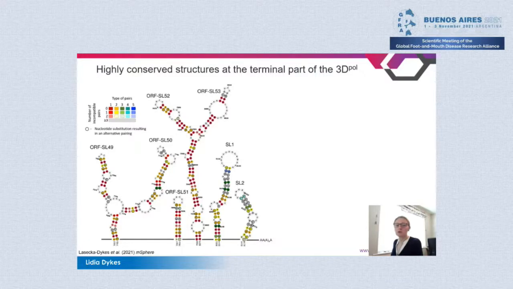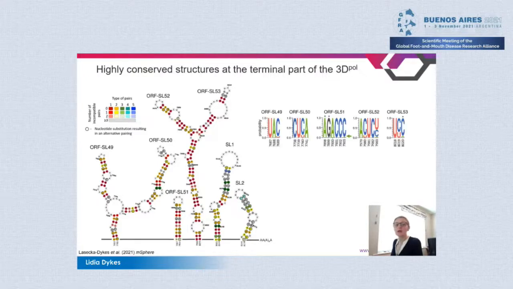Apart from conservation of nucleotide identity, highlighted here in red, these structures also showed evidence of covariance, where nucleotide pairings were preserved despite presence of nucleotide substitutions among FMDV isolates, here highlighted in shades of yellow, green and blue. SL49 to 51 also showed high nucleotide identity conservation at the terminal loop of the RNA structure.